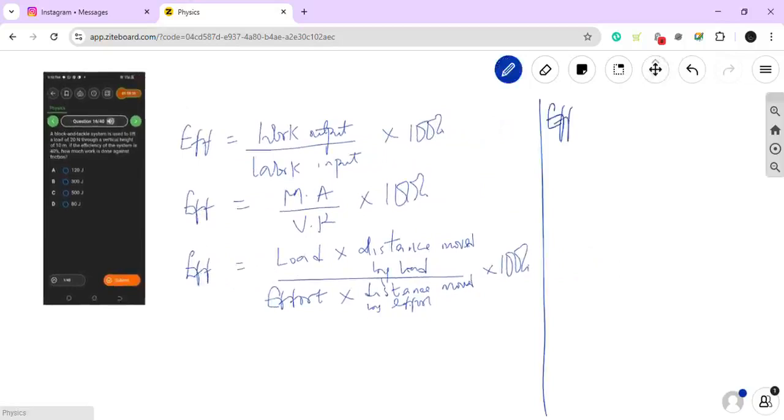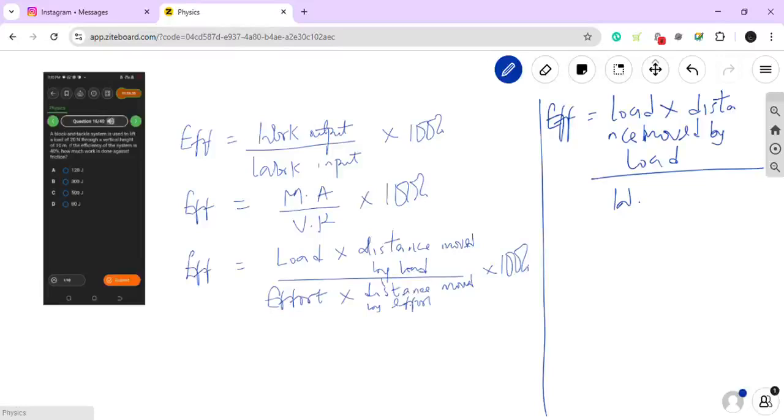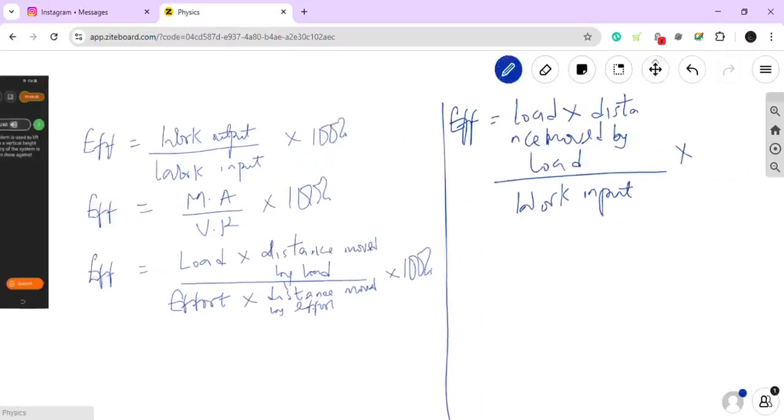We can say efficiency is, for the work output, load times distance moved by load, over work input. Instead of saying effort times distance, you can just say over work input. Then don't forget, we always put times 100%. So that's what we'll be using.